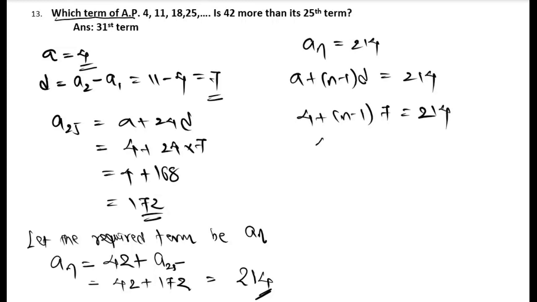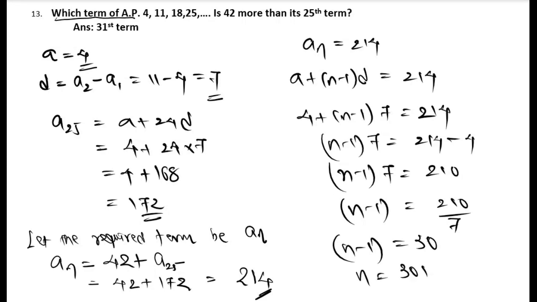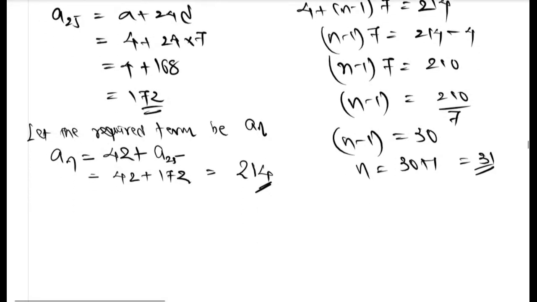So (n minus 1) into 7 is equal to 214 minus 4. (n minus 1) into 7 is equal to 210. n minus 1 is equal to 210 by 7. n minus 1 is equal to 30. n is equal to 30 plus 1, which is 31. So the 31st term is 42 more than the 25th term.